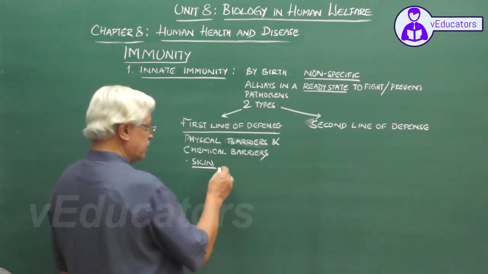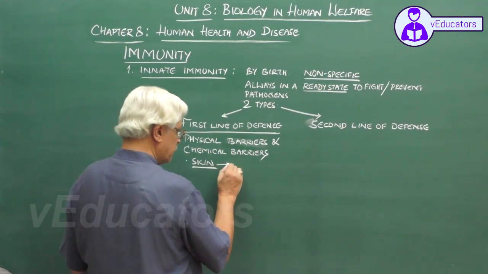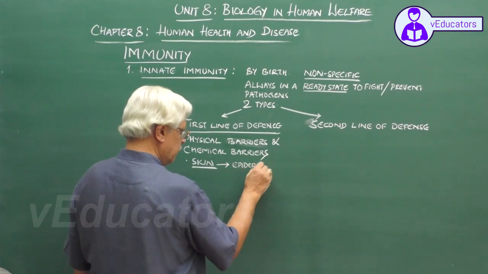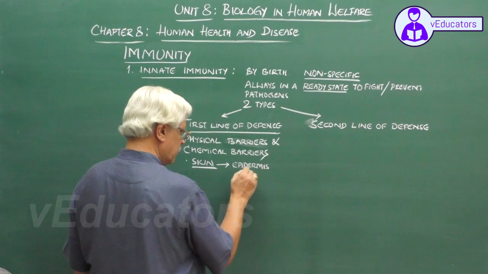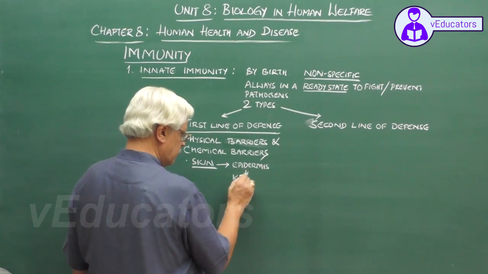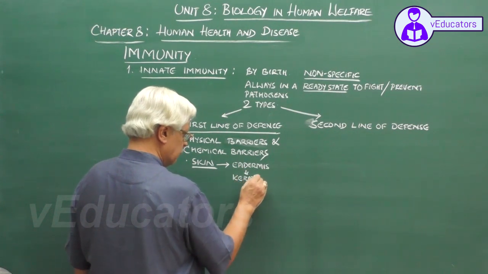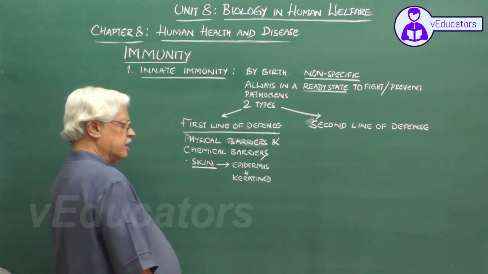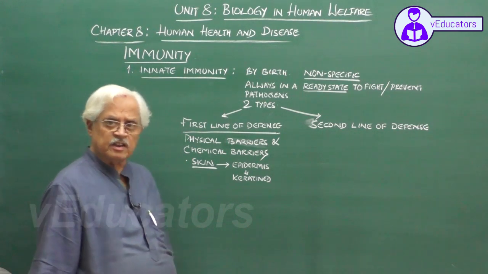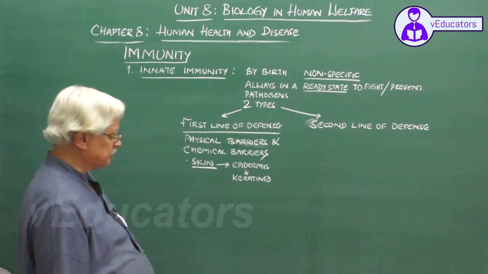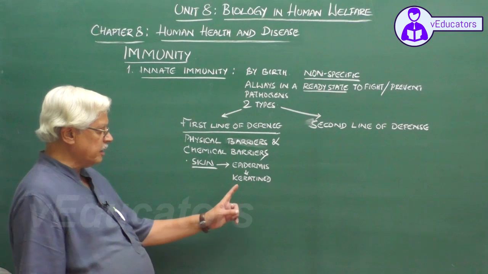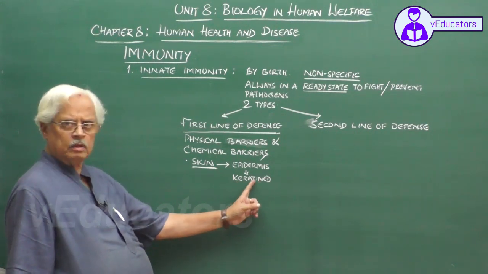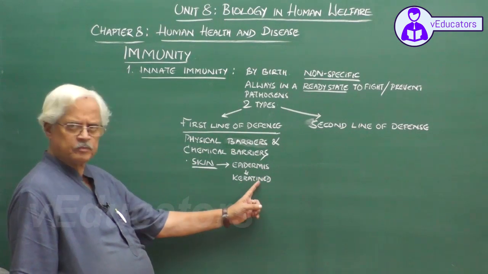The outermost layer of the skin, the outermost layer of epidermis, is represented by a keratinized layer of epithelium, and that layer of epithelium is deposited with a protein called keratin.